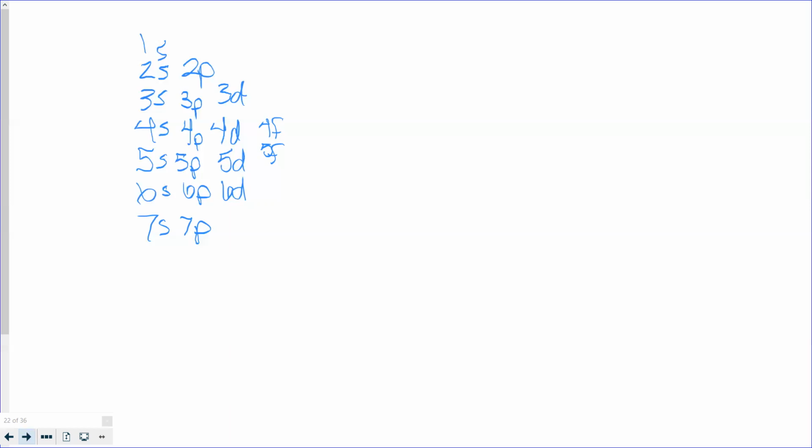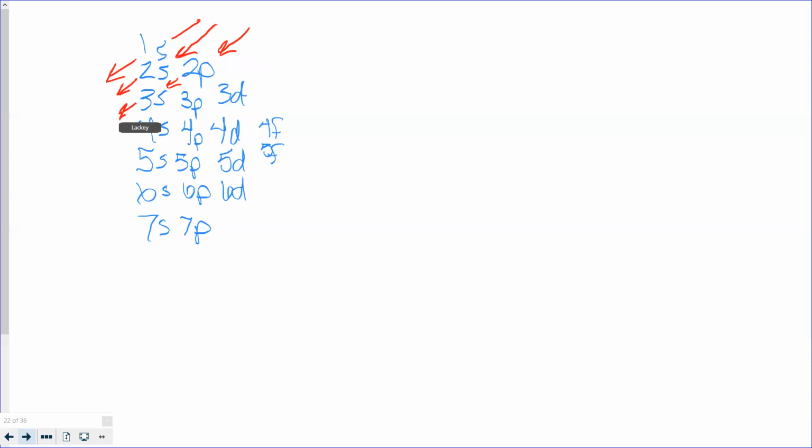So our first diagonal is going to go through 1S. That's all that's on that diagonal. So then we have another diagonal that's parallel that goes through 2S. Our next one will go through 2P, 3S.